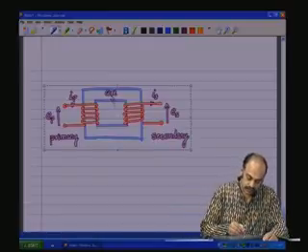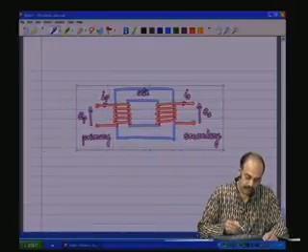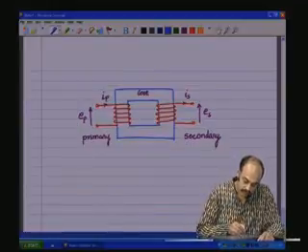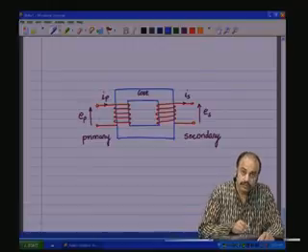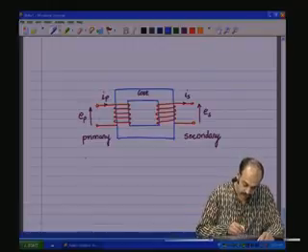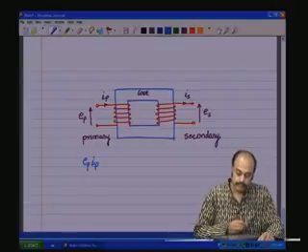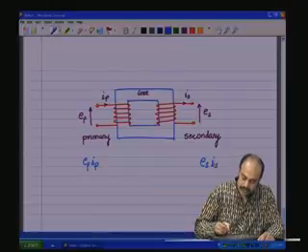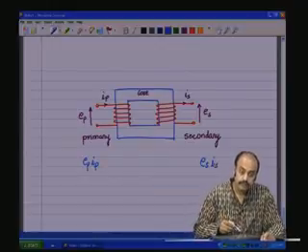So, if you take this core material, there is going to be an input power going into this port, EP IP, and then there is going to be ES IS which comes out of the secondary port.